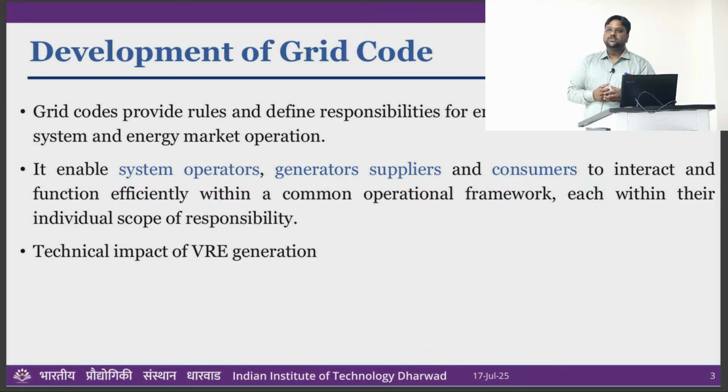The stakeholders can be system operators, which in the Indian case are the Indian grid people, generator suppliers, let's say developers who build solar PV power plants, and the consumers, because at the end of the day, if you are connecting a renewable power plant to the grid, already existing consumers should not be affected. Through discussion among these three or sometimes more stakeholders, the guidelines in terms of grid codes have been prepared, taking into consideration the variable renewable generation, which might impact the total generation profile in the grid.